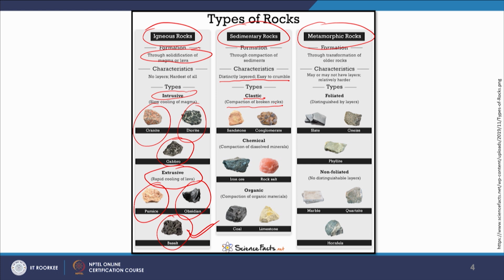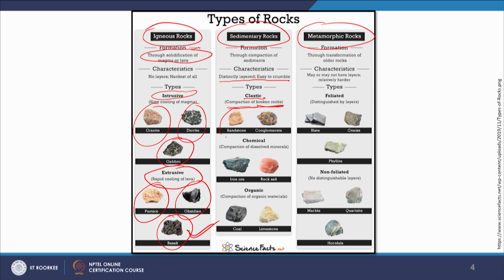Towards the formation of sedimentary rocks, through weathering and erosion processes, igneous rocks and metamorphic rocks can produce sedimentary rocks. So it is not necessary that sedimentary rocks originate only from igneous rocks, but these are broken materials either from igneous rocks or metamorphic rocks, or even in some cases sedimentary rocks too.